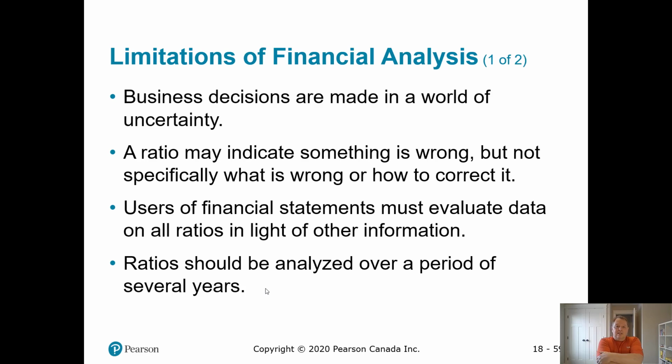Now, there are lots of business decisions that we can make here based on financial analysis. And it sometimes is helpful. It tells us if there's something going wrong, or can give us some sort of indication maybe how we can correct it. But financial statement users use that data all the time in light of other information. We might have some press releases saying we just got a new vaccine for COVID that we developed.